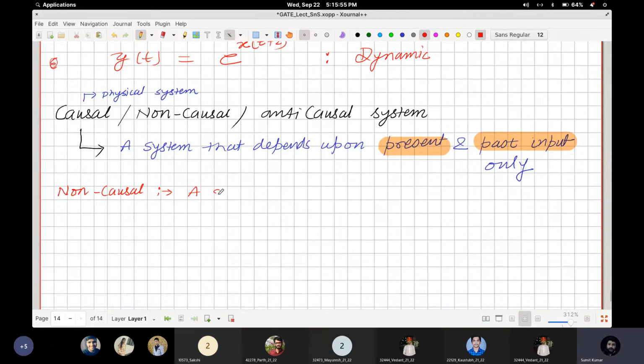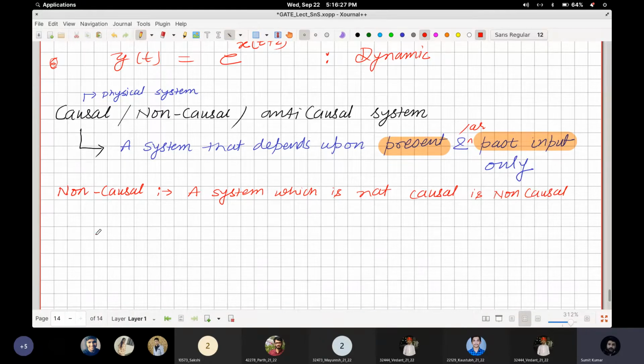A system which is not causal will be called non-causal. I should write 'and' as well as 'or' here, so that should be clear: it's and as well as or.